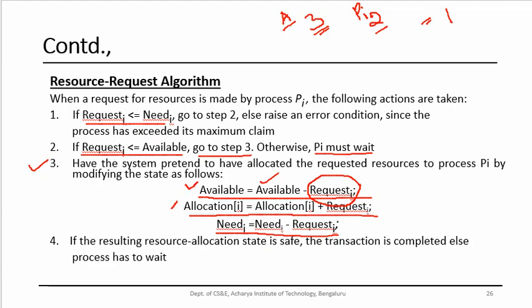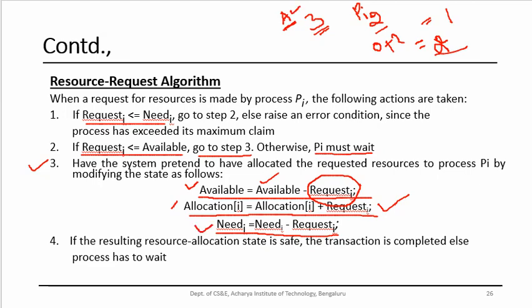For allocation, earlier assume that this Pi had 0 instances of type A. Now you are giving two instances of resource type A, so you add this to this. That's what you are doing here, and that becomes your new allocation, which is equal to 2. That means now Pi is holding two instances of resource type A.